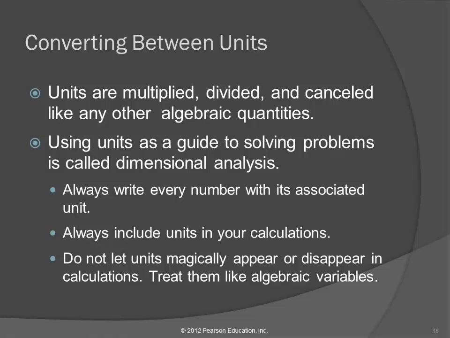So they're a little bit like those variables in algebra. There was A's and B's and X's and Y's. And you had all these equations, 3x plus 4x squared and all those different things. And then you have to combine up all those letters into a neat little package. Okay, so we're going to treat the units just like variables. When we use units as a guide to solving problems, it's called dimensional analysis.